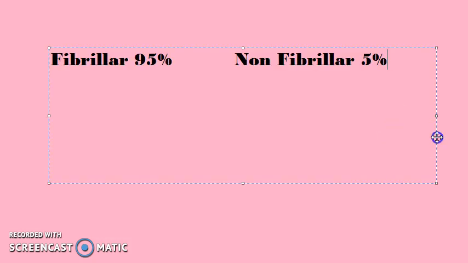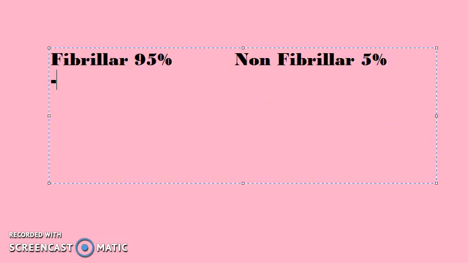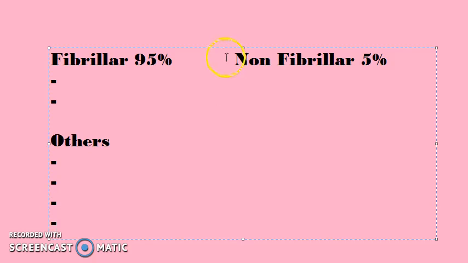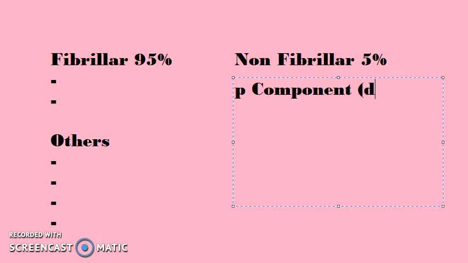Under fibrillar you have some things which are very common, and then you have others which I will give you details on. Under non-fibrillar, as I have already told you, P component will be maximum. This is that circle, donut type. I told you, donut like. Are you awake? Can we continue? Good.